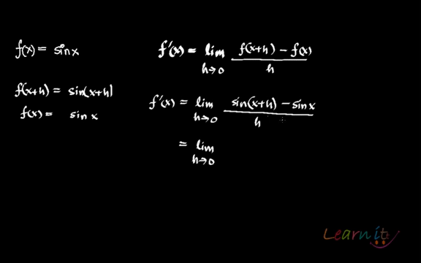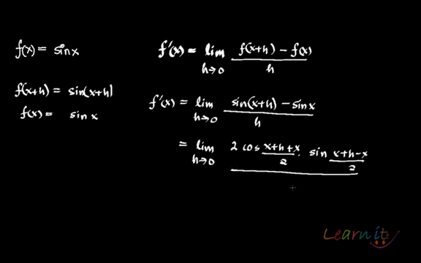Now this is sin a minus sin b, so the formula is 2 cos((a + b)/2) sin((a - b)/2), which is 2 cos((x + h + x)/2) sin((x + h - x)/2), divided by h.